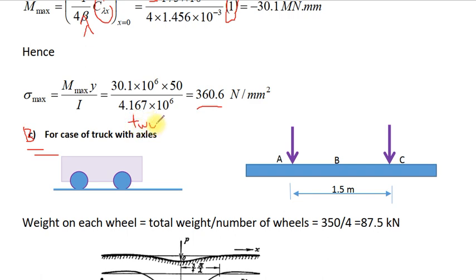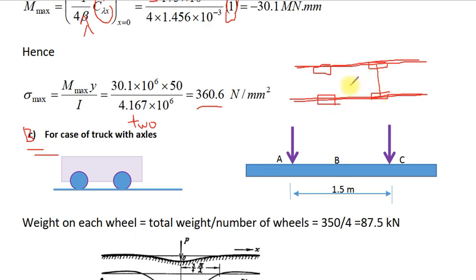Now, for the second case, the truck with two axles. This is the rails. Here, the first wheel here, the second wheel here, the third wheel here, the fourth wheel here of a truck.